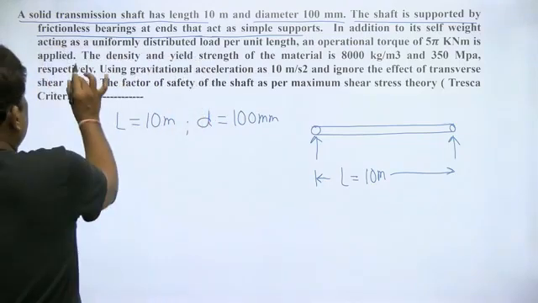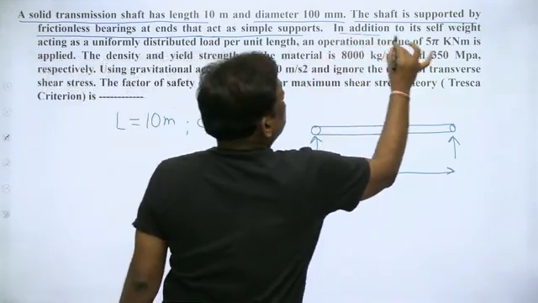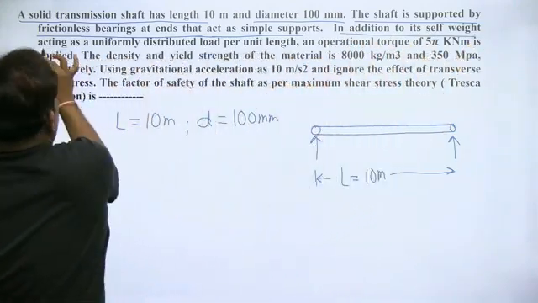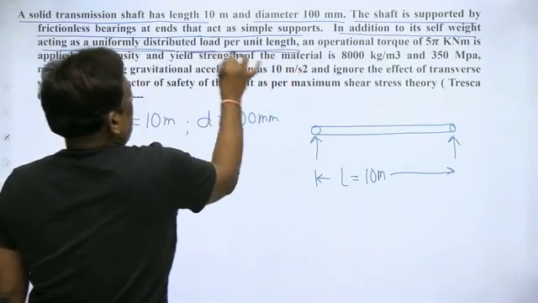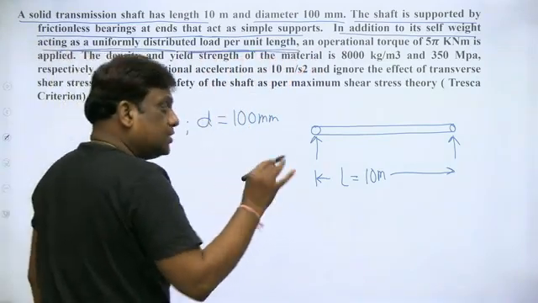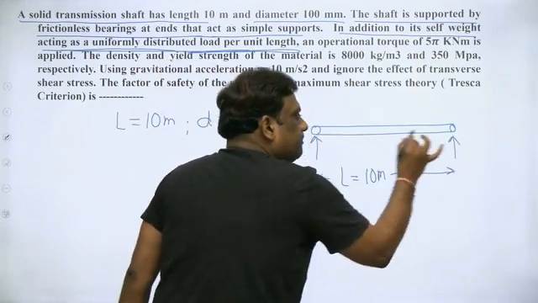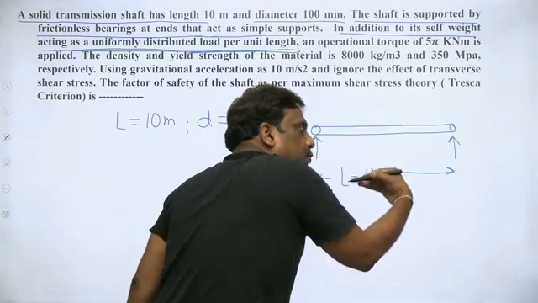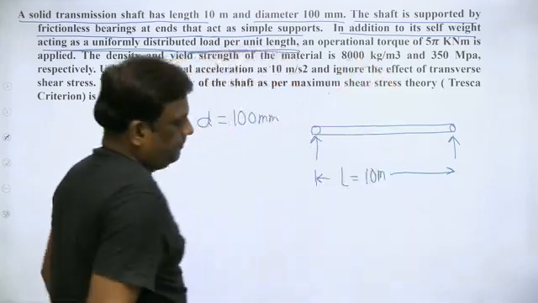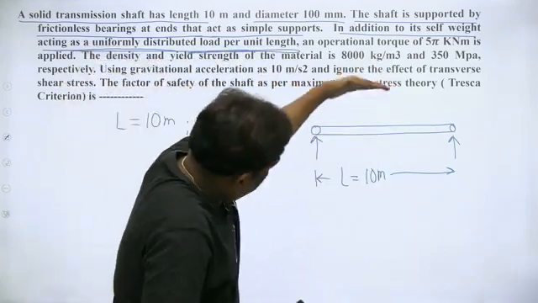Look at it carefully. In addition to its self-weight, acting as a uniformly distributed load per unit length. So the shaft, he's asking us to include the weight of this. Because of its weight, it will bend. I repeat, because of its weight, it will bend.